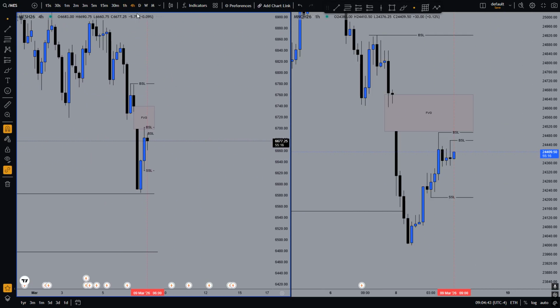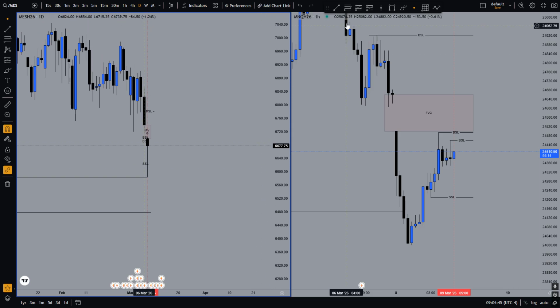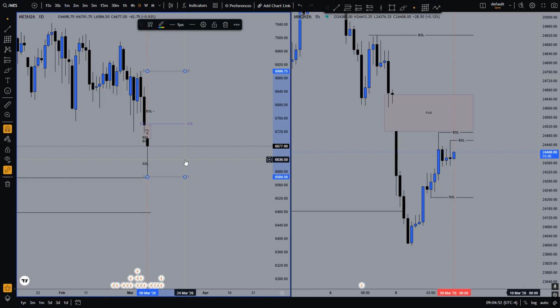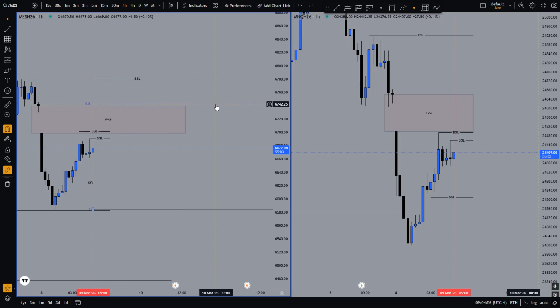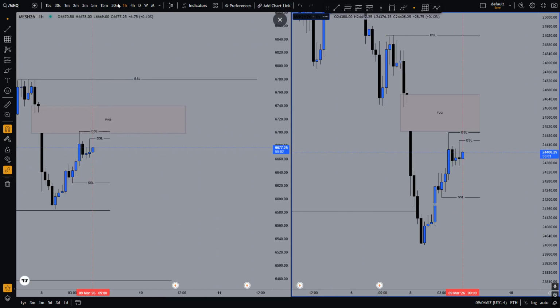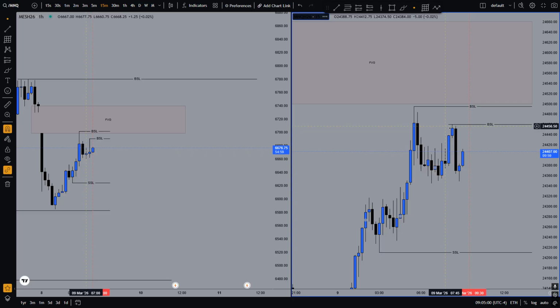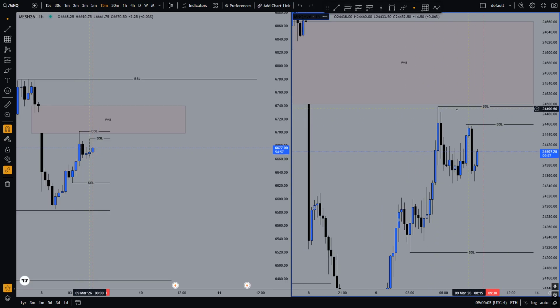Because I don't know. Yeah, so we have yet to rebalance this leg to equilibrium. So we'll just see what we want to do. My main focus is on these gaps here, or I'm sorry, buy side resting here.